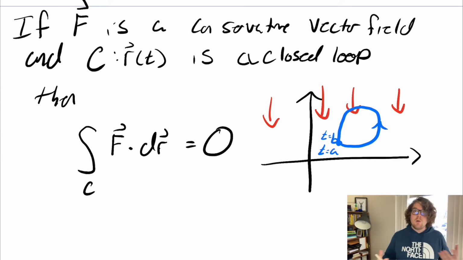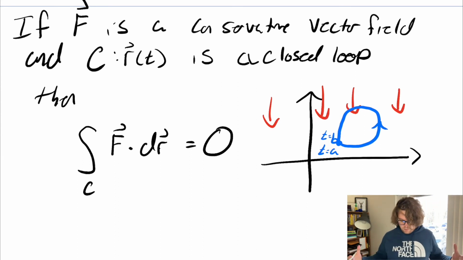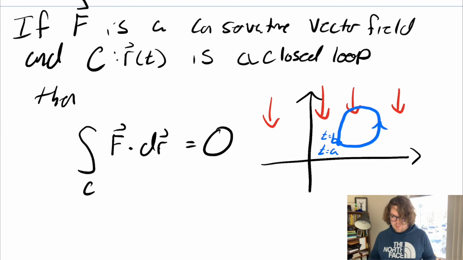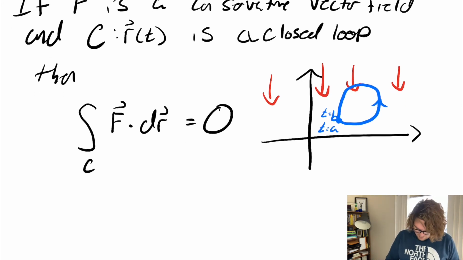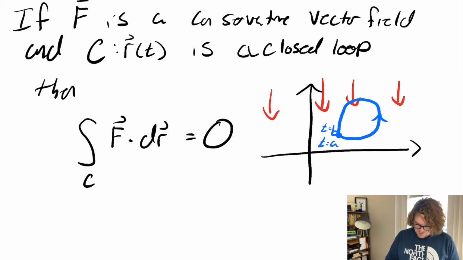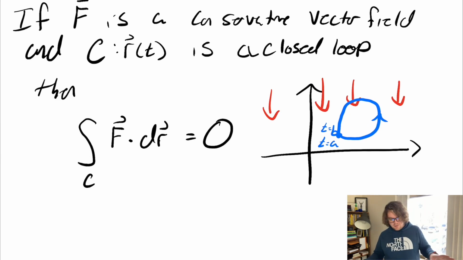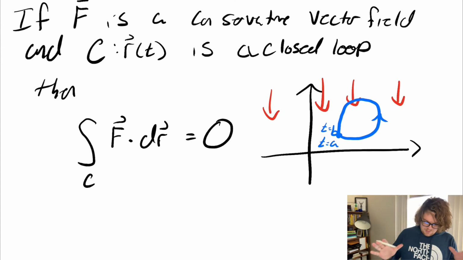If we're thinking about work, the total work required to move a particle from a point back to itself just ends up being 0. The total energy expended is 0. So that's really what this statement is saying: if you're in a conservative vector field, the line integral over a closed loop is always going to be 0. If you end up where you started, it's basically saying you didn't do anything at all.